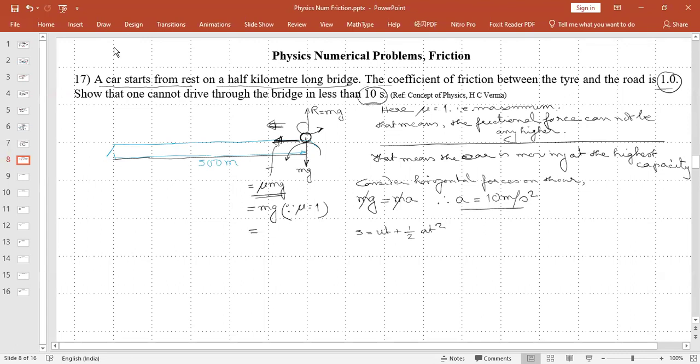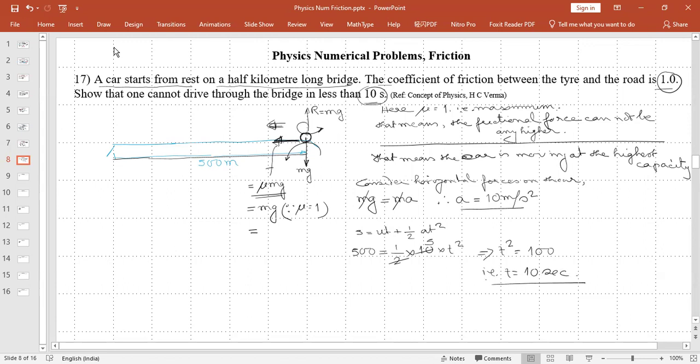Time is indicated here as 10 seconds, so from this equation we find time. s is 500. Car starts from rest, so u is 0. Half into a, which is 10, into t square. So this 2 gets cancelled. We have 5 t square equal to 500, so t square equal to 100. That means t is equal to 10.